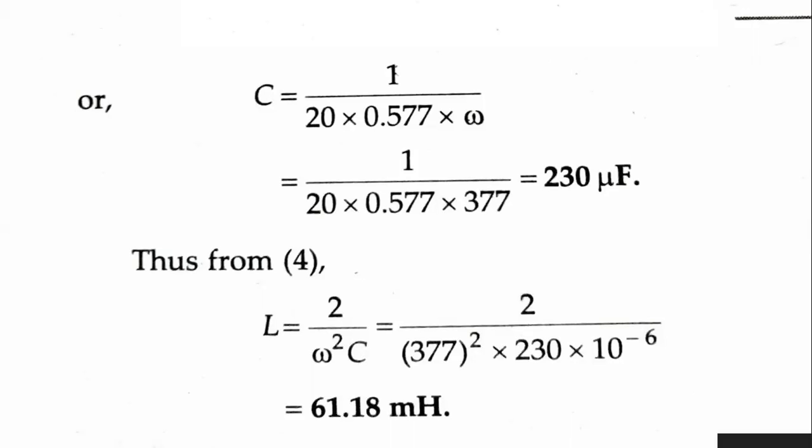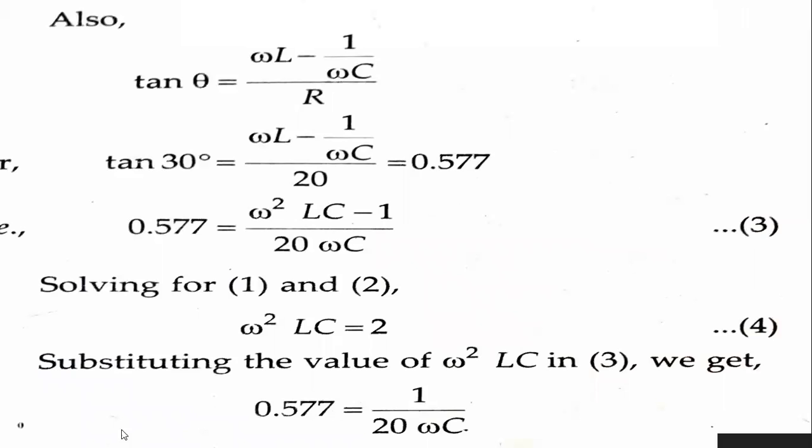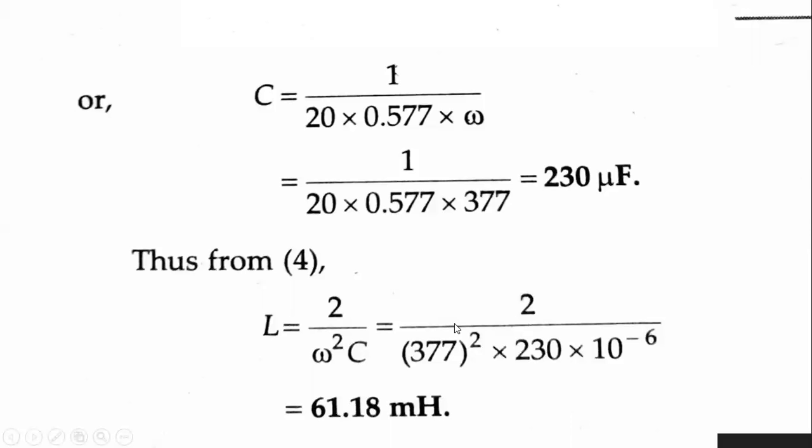So the inductor value is L is equal to 2 by omega squared C. So 2 divided by omega squared, 377 squared, and the capacitor is 230 times 10 raised to the power minus 6. In this way you get the inductor value 61.18 millihenry.